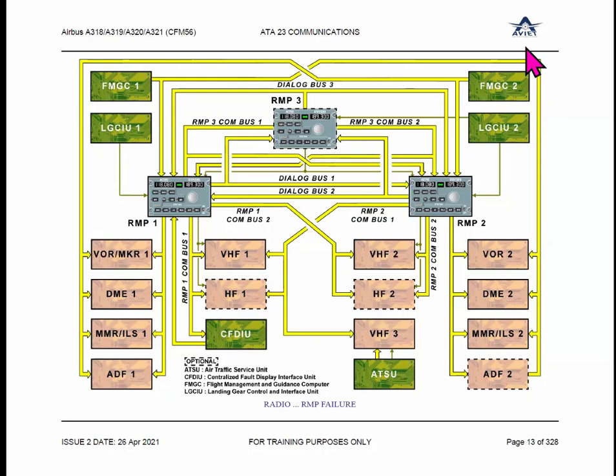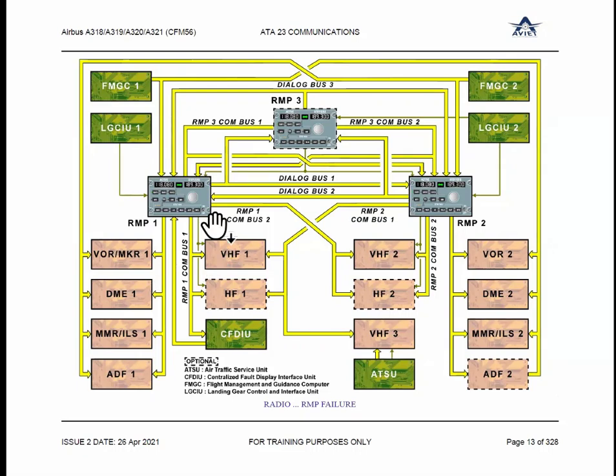You cannot remove it from the rack, because the signal is passing through RMP1 or RMP2. Even if an RMP is unserviceable, it has to stay in its position. There is internal switching, so they use the buses through RMP1 or RMP2.